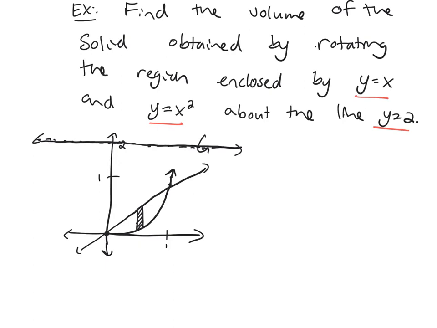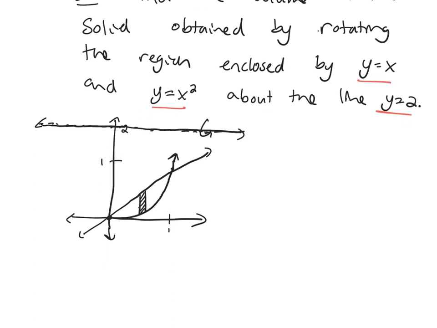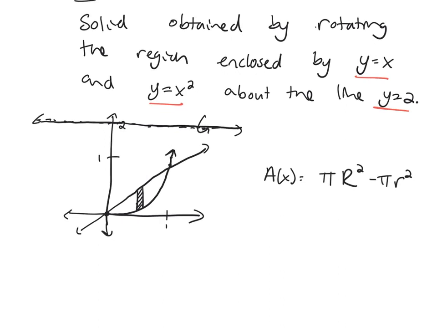So my cross-sectional area, A of x, is pi big R squared minus pi little r squared, where big R represents my outer radius, my biggest radius, and little r represents my smaller radius.